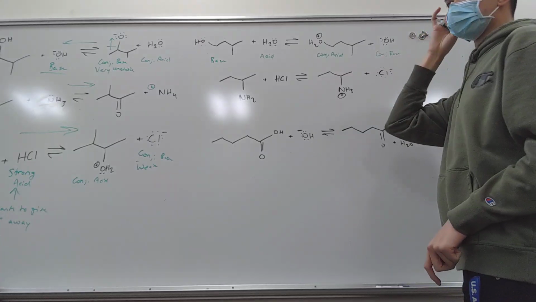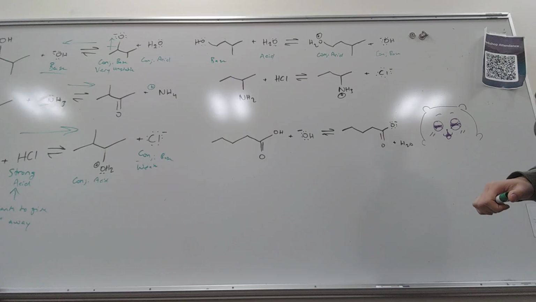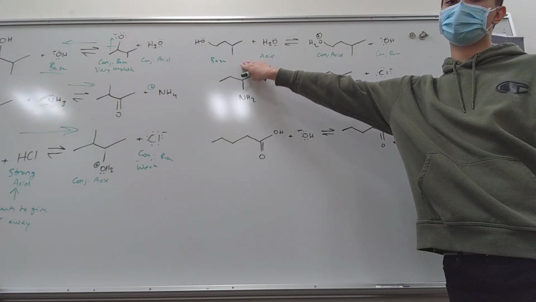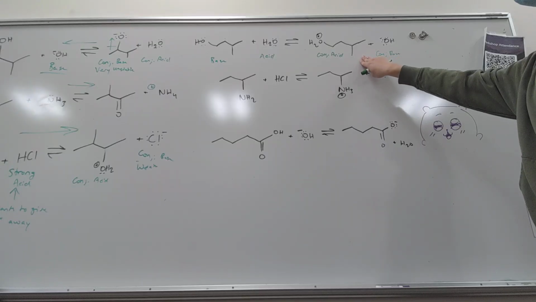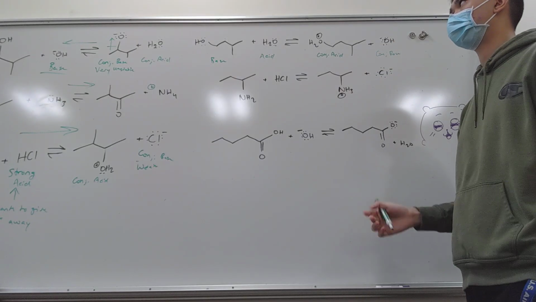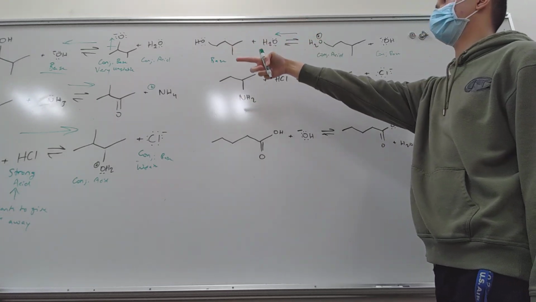Okay? And so if we just compare both sides, we have one side that is neutral, and the other side is charged. So this will give us a clue that the equilibrium will shift away to the left.